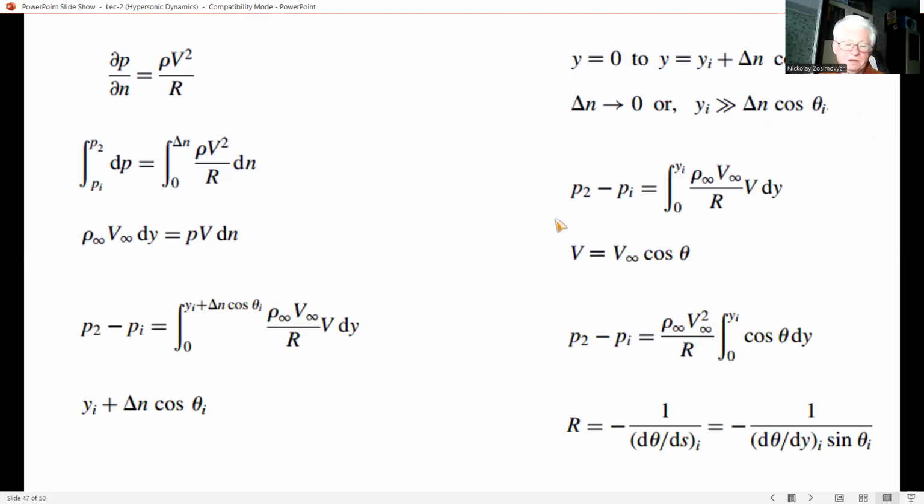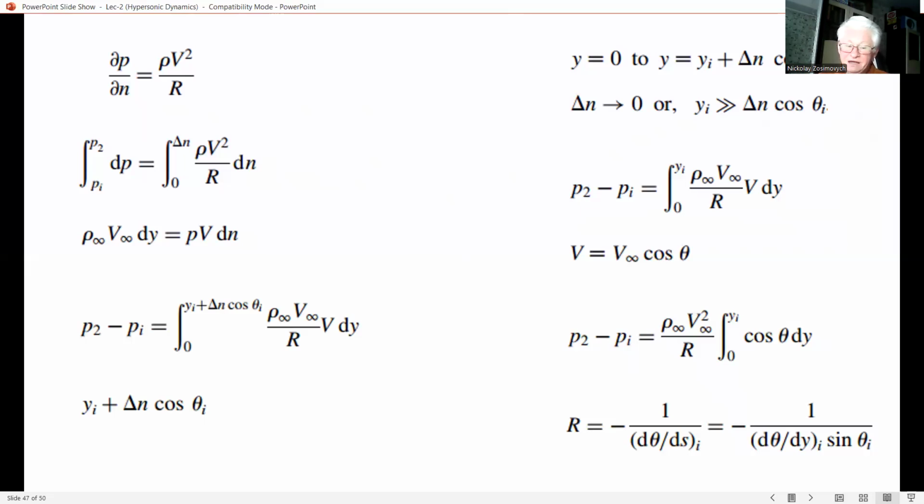And now we make another assumption consistent with the Newtonian motion, because Newtonian theory assumes inelastic collision of the particle with the surface, wherein all of the normal momentum is lost, but the tangential momentum is preserved. And it is consistent to assume that the velocity of any given particle after collision is constant.